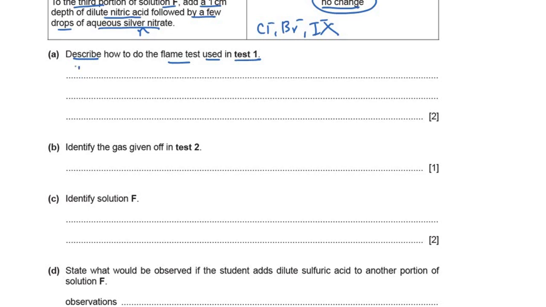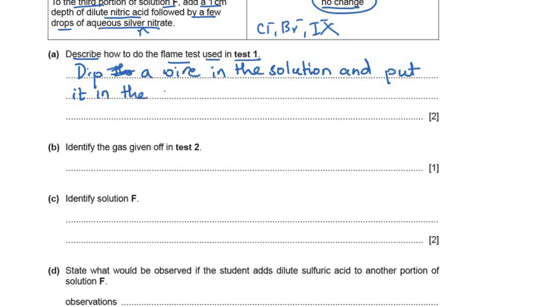So dip a wire in the solution F and put it in the blue flame of the Bunsen burner.